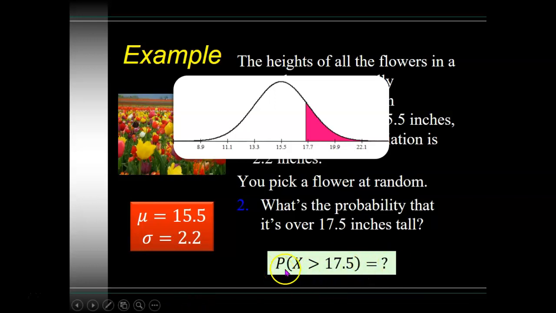We're looking for P, that is the probability, or the percentage, or the proportion of our random variable, the randomly chosen flower height, being greater than 17.5 inches. So we want the probability of our random variable x being greater than 17.5. That's what we need to find.